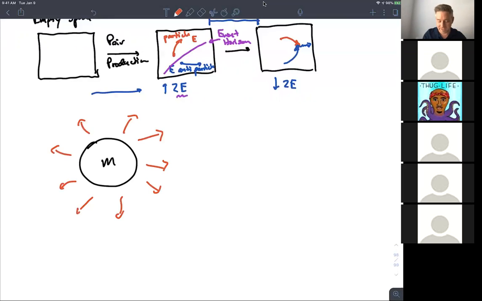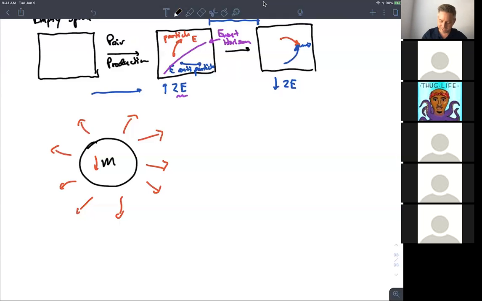And because of the Hawking radiation, the mass of the black hole is continuously decreasing. Okay, does that make sense? Pretty cool, right? All right, so now, Stephen Hawking went through all the mathematics of this business. We're not going to do that. I'm just going to tell you what the answer is, okay?